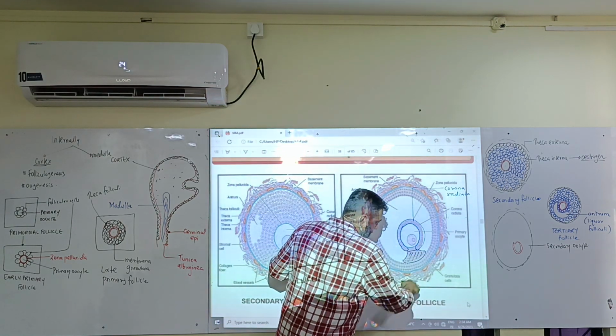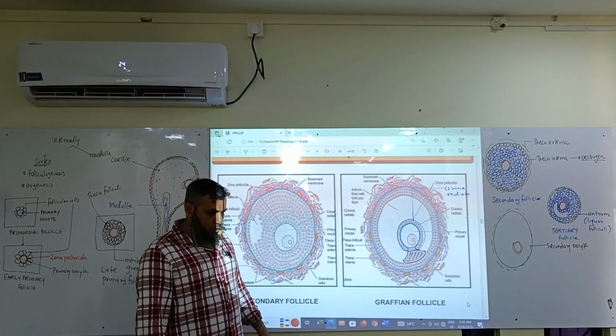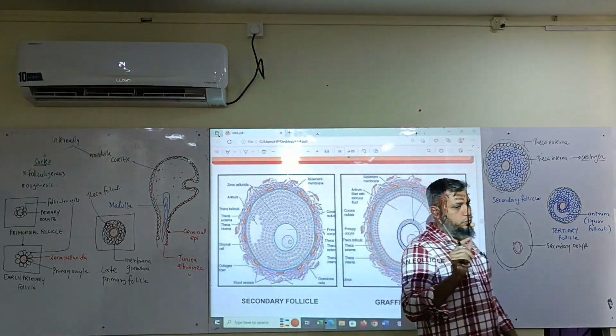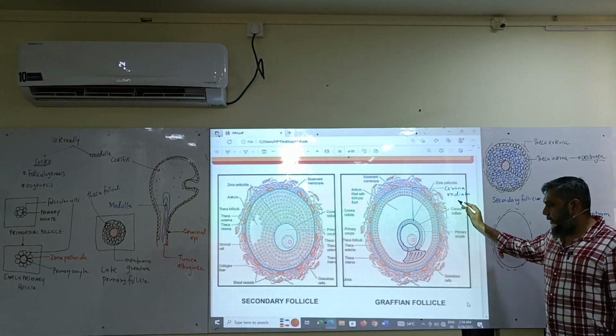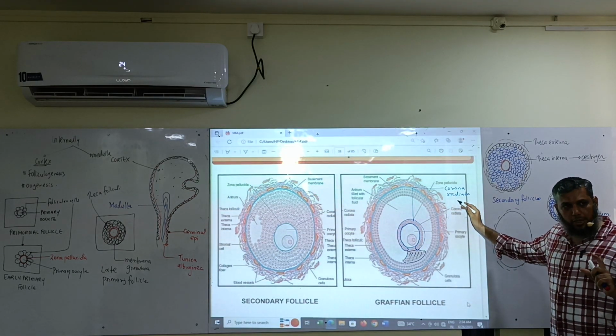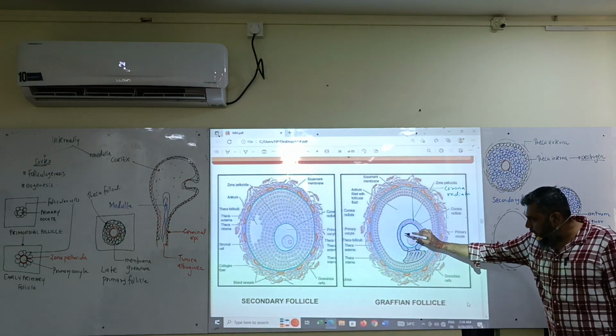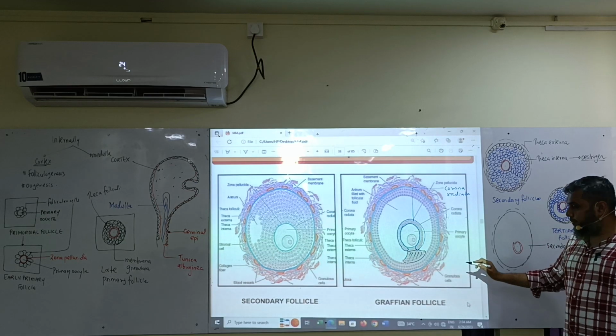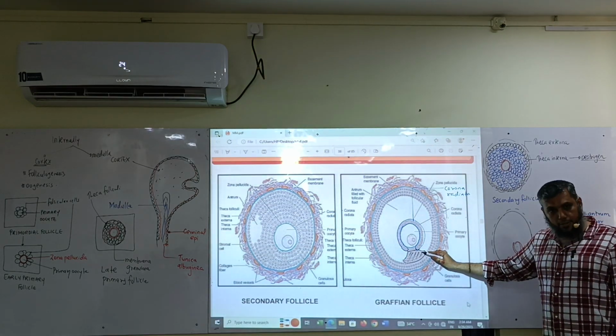Do you see these cells? Yes or no? I'm sorry. Don't use the word cumulus oophoricus for the corona radiata cells. Okay. Corona radiata cells will only be what? Corona radiata cells. That is, those cells were surrounding the what? Secondary oocyte. Now look at these cells.